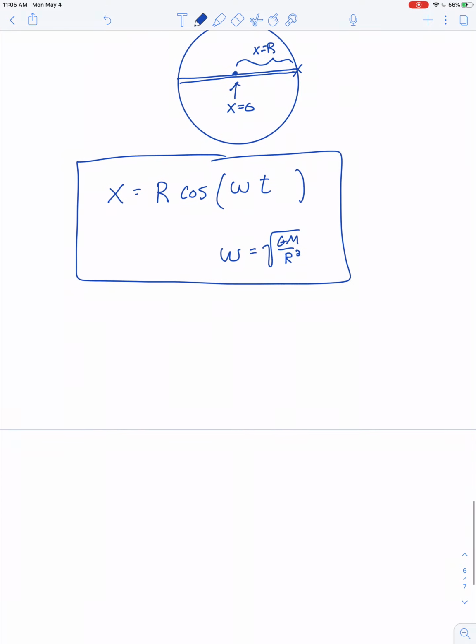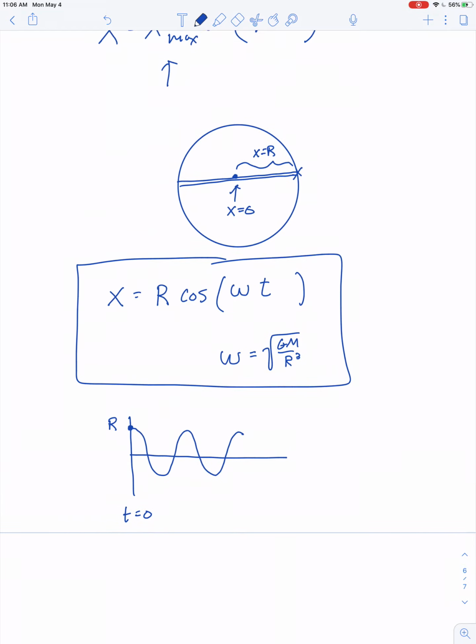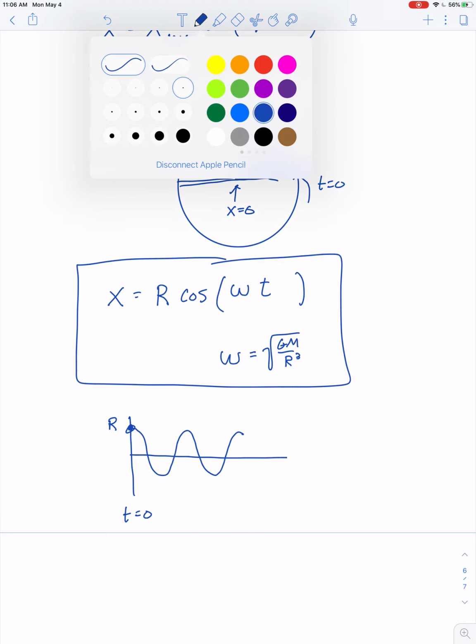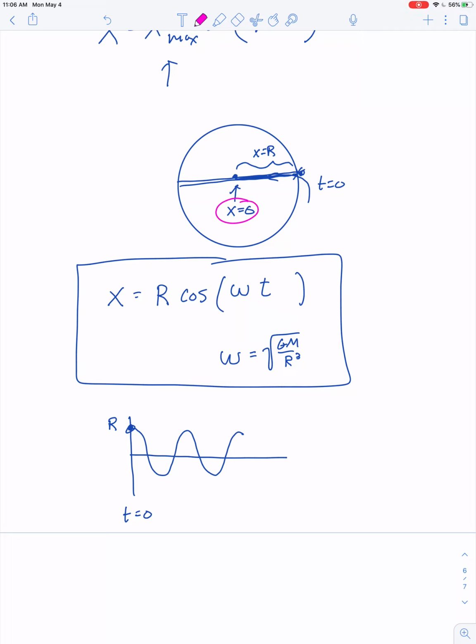So if we were to graph the position of the object falling through the center of the Earth as a function of time, then at time t equals 0, the position is r, and then it graphs just like cosine. And so, sure, if the person jumps in from this side, then at time t equals 0, their position is r, and then a quarter of a cycle into the motion, they reach the center of the Earth, and that corresponds to this point on the graph.